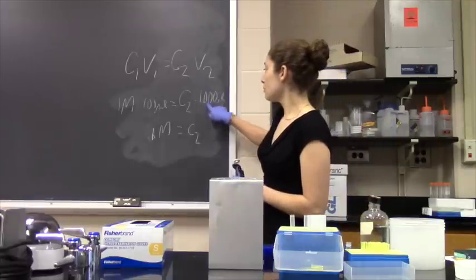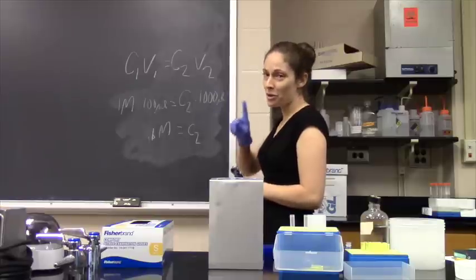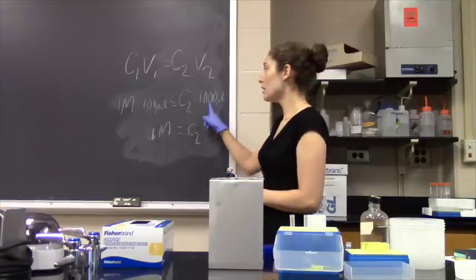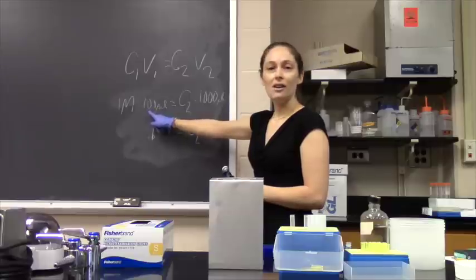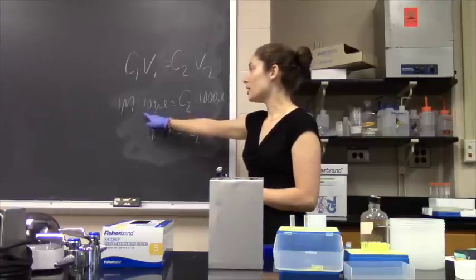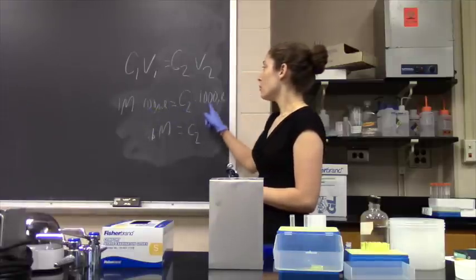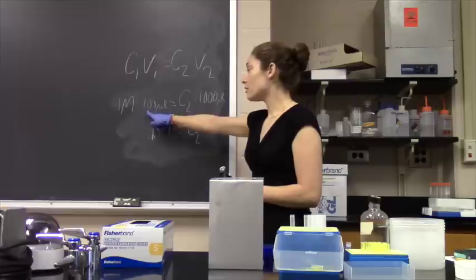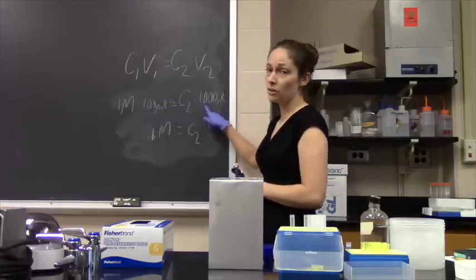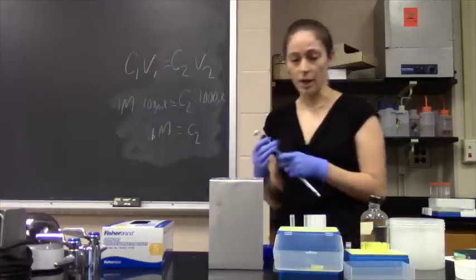So we have 1,000 microliters total volume, but remember, this is one trick students sometimes forget. That includes our initial volume, the thing we're diluting, okay? So I'm going to take 100 microliters and mix it with 900 microliters of water to get our final total volume.